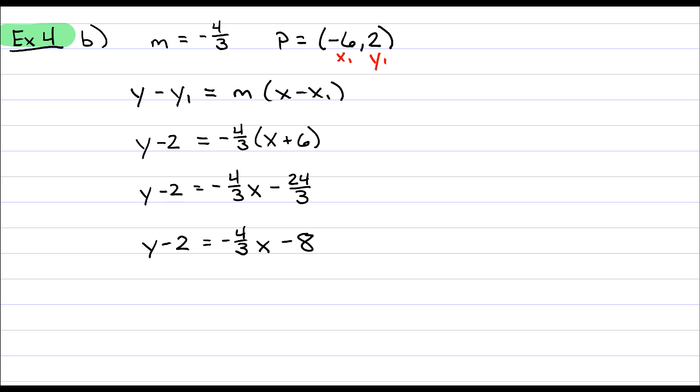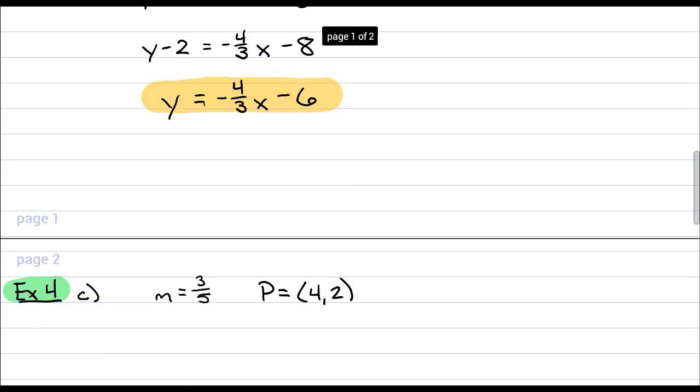And then to completely solve for y, I add 2 to both sides, which is going to give me y equals minus 4/3 x, and if I'm adding 2 to both sides, this is going to be minus 6. Okay? So this is the equation of this line in slope-intercept form.